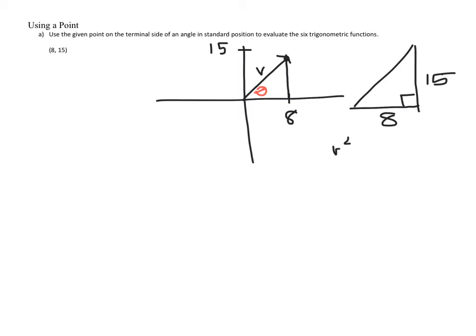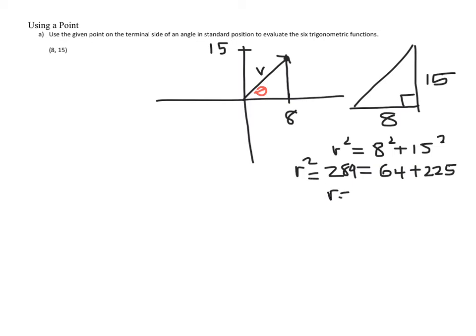R squared is going to be given by x squared, which is 8 squared, plus 15 squared, and this is going to be 64 plus 225, which is equal to 289. So the radius squared is 289, so r is equal to 17. So this missing side is 17.